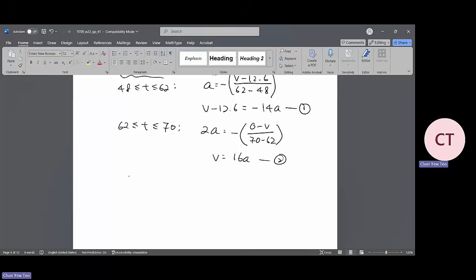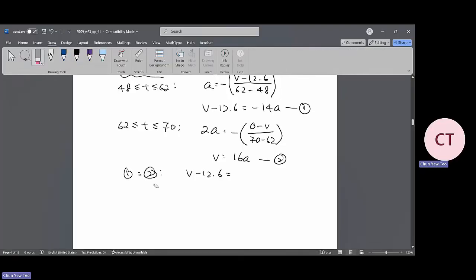So you just let equation 1 equal to equation 2. Sorry, not equal, substitution only. We need to put 2 into 1. We get 16A minus 12.6 equals negative 14A.